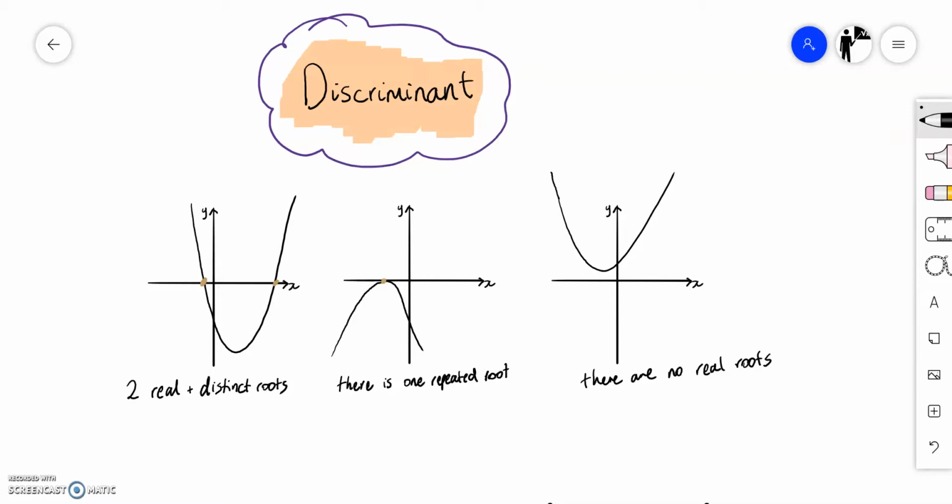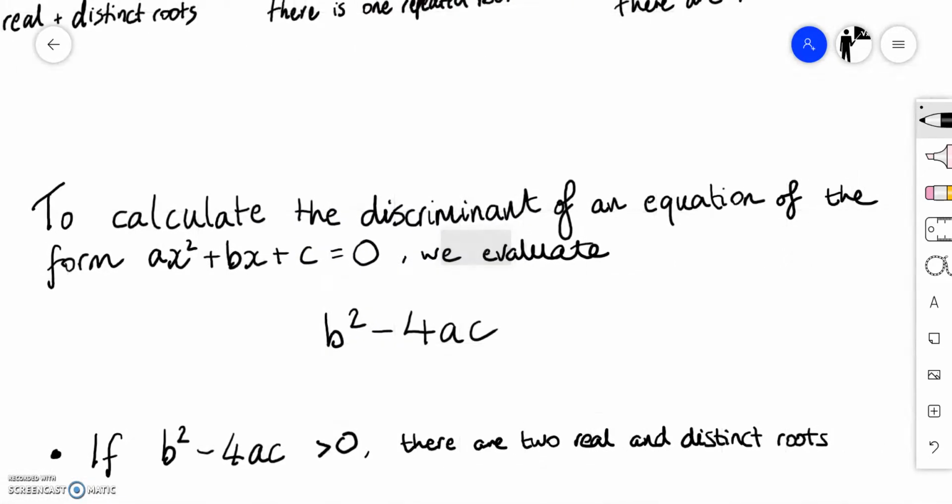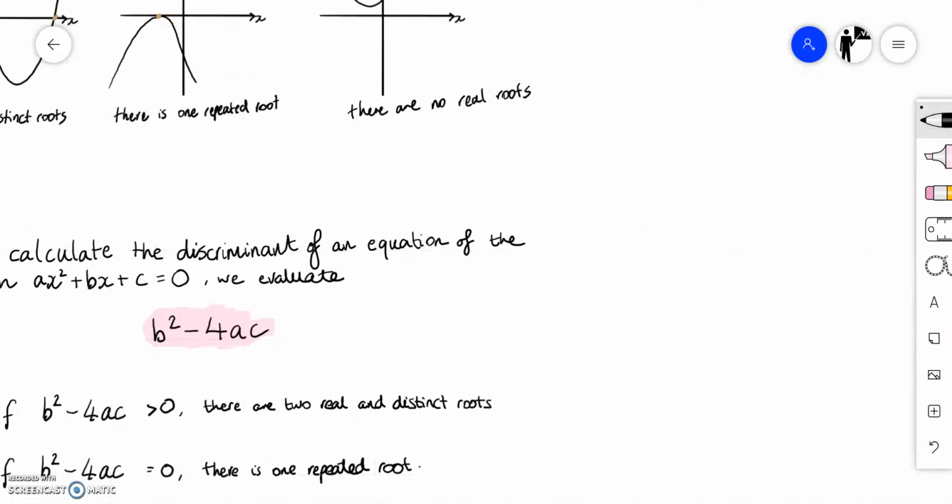So how do we calculate the discriminant? To calculate the discriminant of an equation of the form ax squared plus bx plus c is equal to 0, that just means a general quadratic, we evaluate b squared minus 4ac. b squared minus 4ac is just a wee formula you will need to remember. It's not given to you in your formula list.